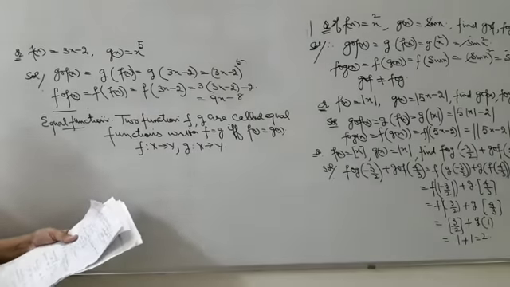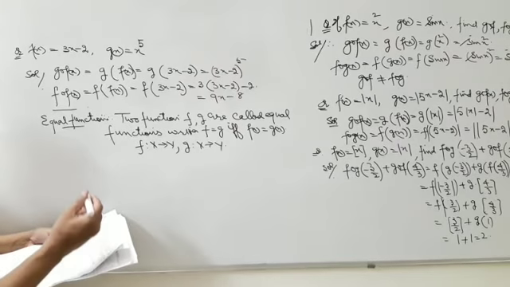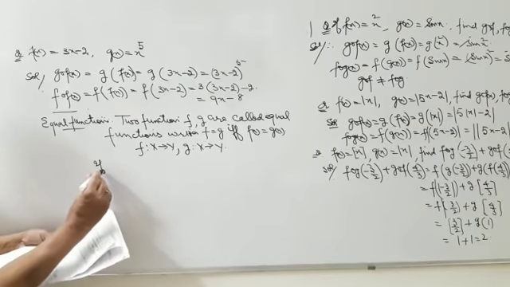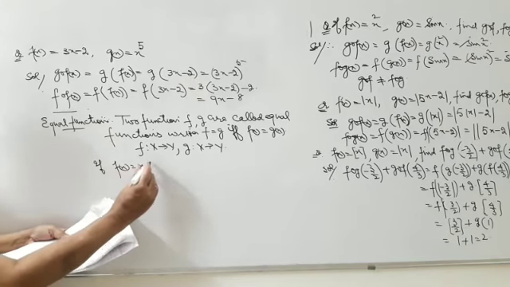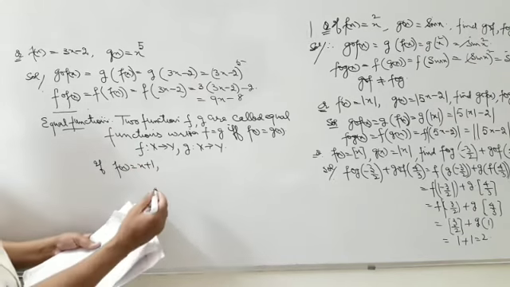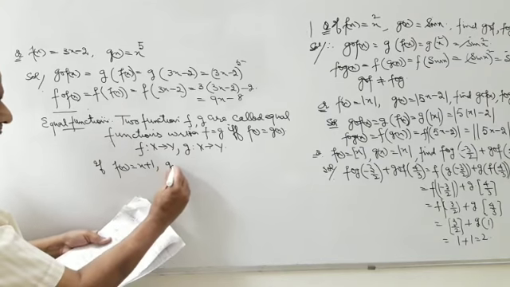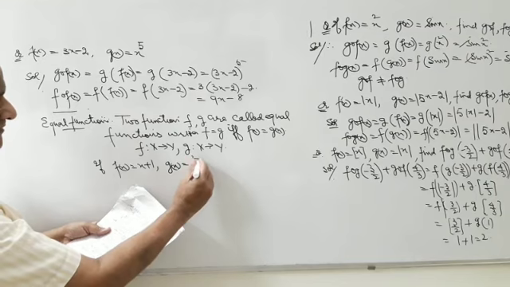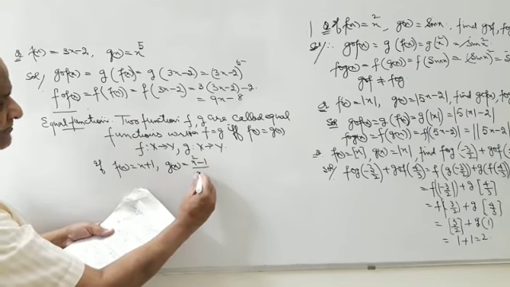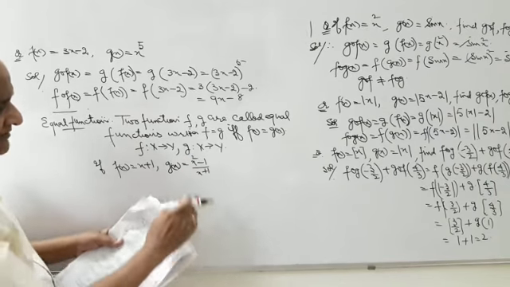Now for example, f(x) is equal to x plus 1, g(x) is equal to (x square minus 1) over (x plus 1)(x minus 1).